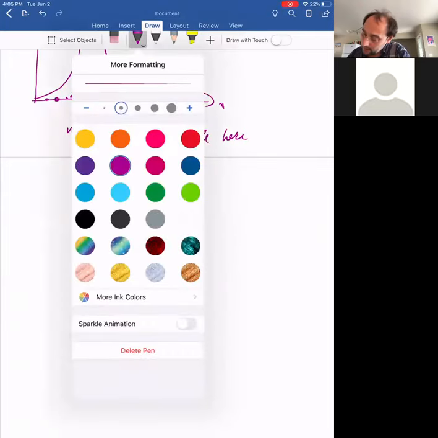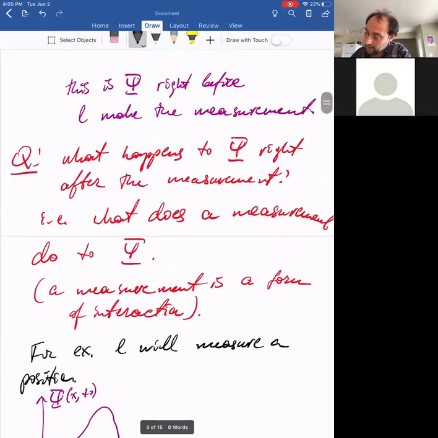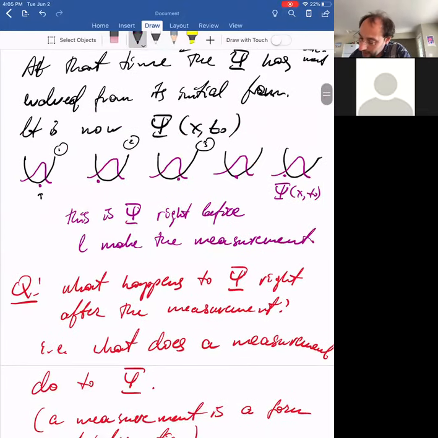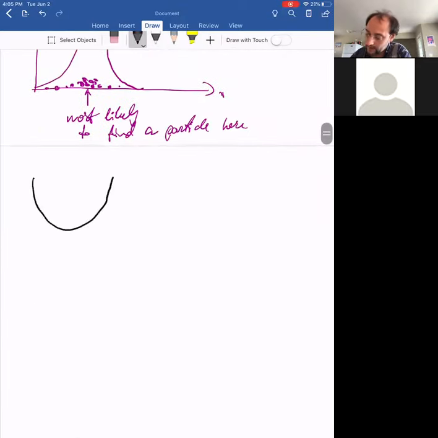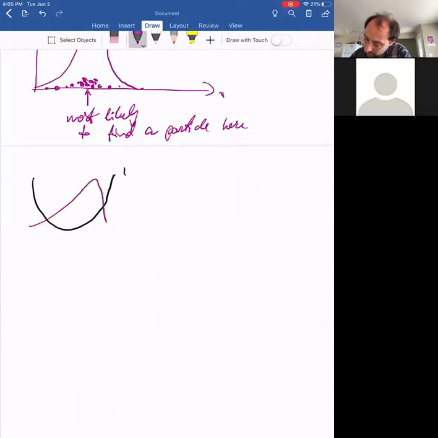And okay, so in system 1, I now found that the particle is here. In system 2, I found that the particle is here. In system 3, I found that the particle is here. So let me reproduce that drawing. So here's system 1. Here is the wave function right before the measurement.